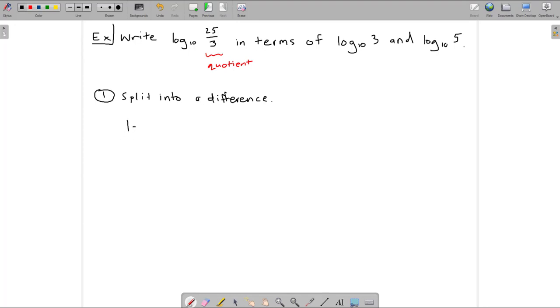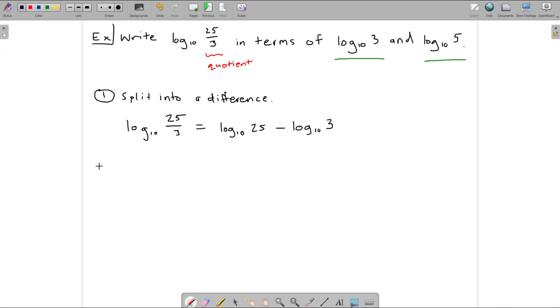Using our quotient property, log base 10 of 25 over 3 is log base 10 of 25 minus log base 10 of 3. We're not quite done yet because we want to write this in terms of log base 10 of 3 and log base 10 of 5, not 25.